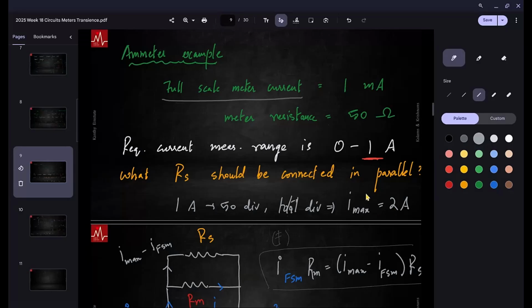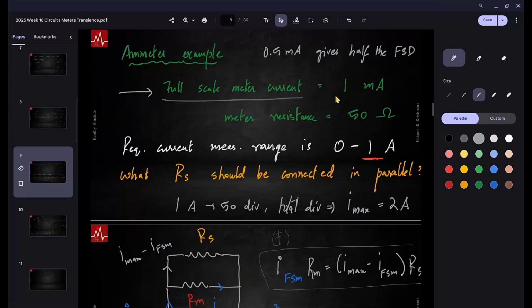There is slight wordplay in how they describe the full scale meter current. They can say 0.5 milliamps gives half the full scale deflection. By that they mean the full scale meter current is 1 milliamp.